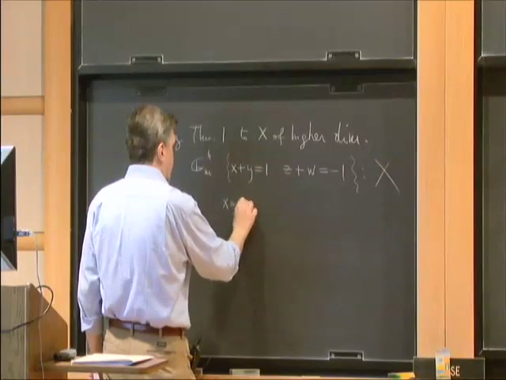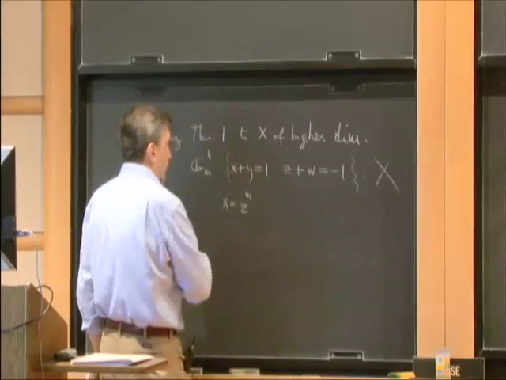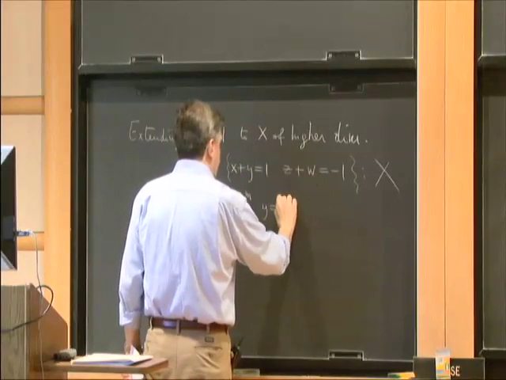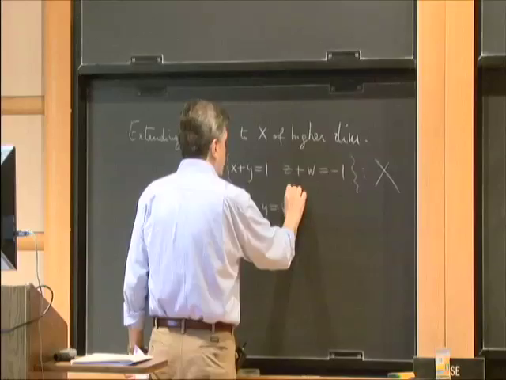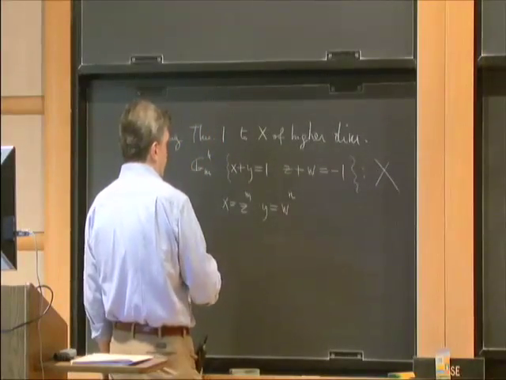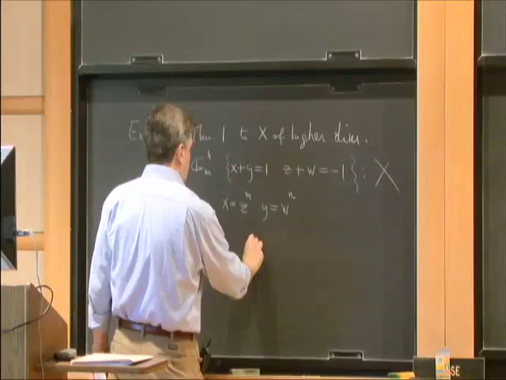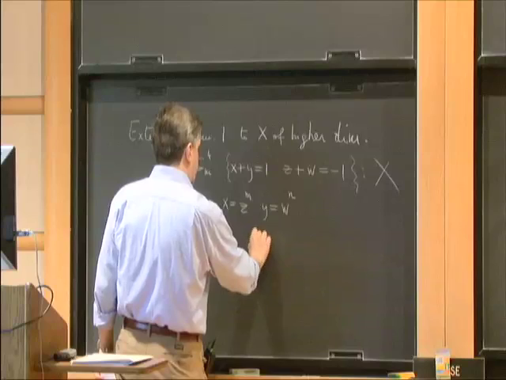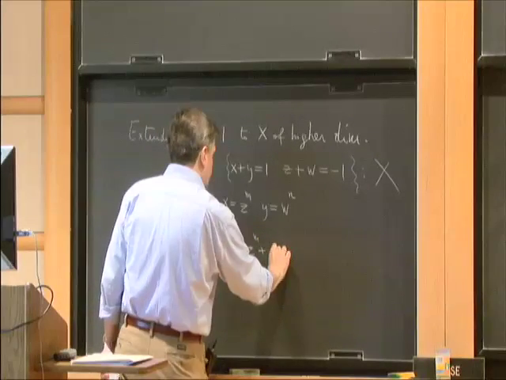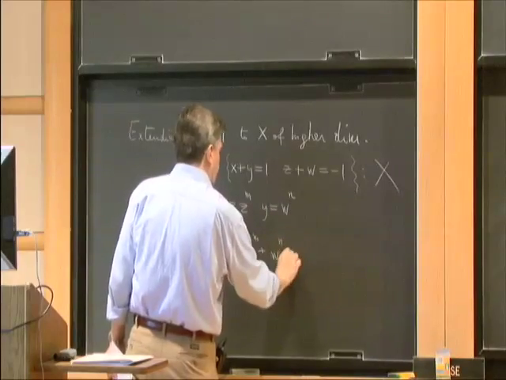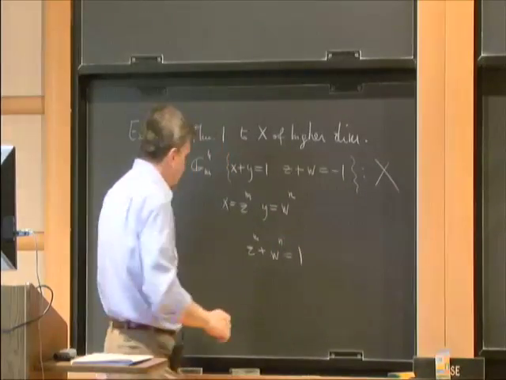We take x to be a power of z, and we take y to be a power of w. And we have now the equation z to the m plus w to the n, where w is 1 minus z, of course, equal 1.